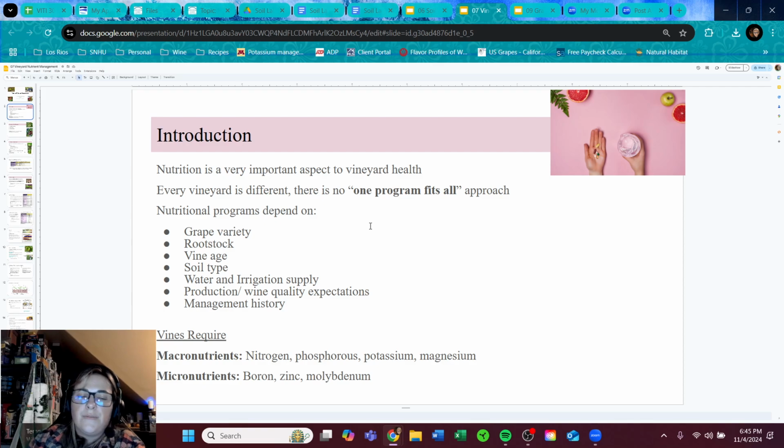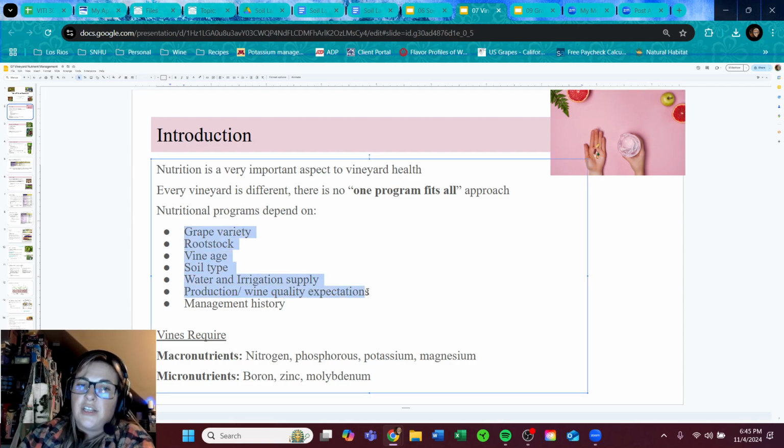Okay, so just like how we talked about with terroir, how every vineyard is different, the concept is different, right? So there's no one program that fits all. Not every vineyard is the same, especially for vineyard nutrition and management, right? I will ask you a question about what that program depends on.